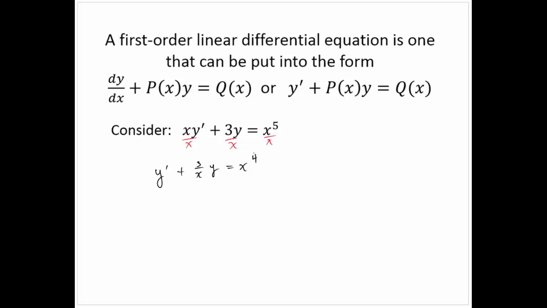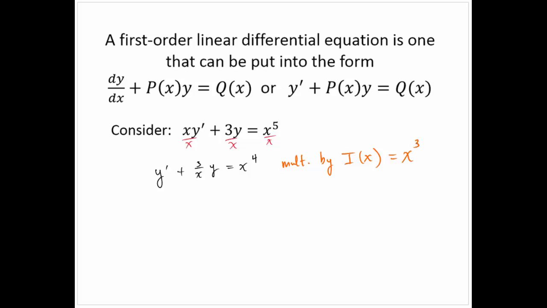So now, to solve this equation, we use a little bit of magic, and I'll explain where the magic comes in shortly. Here's what we do at this point. We multiply both sides by something called an integrating factor. In this case, the integrating factor is x cubed.